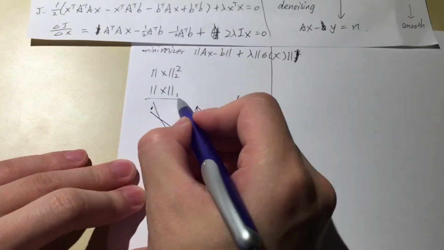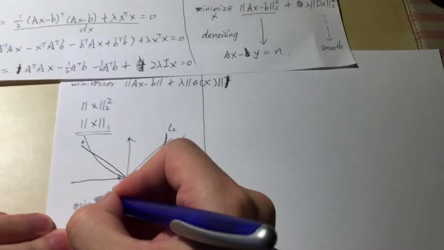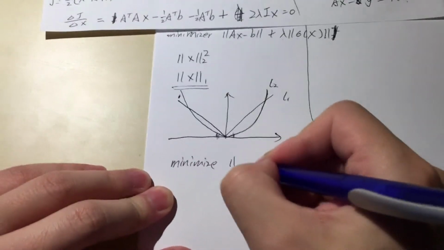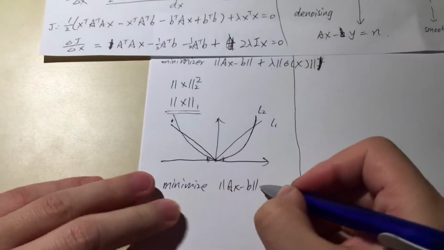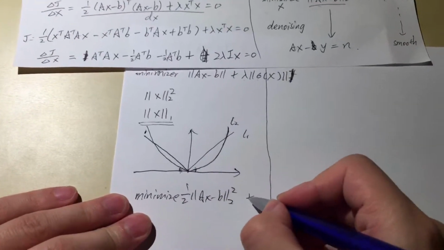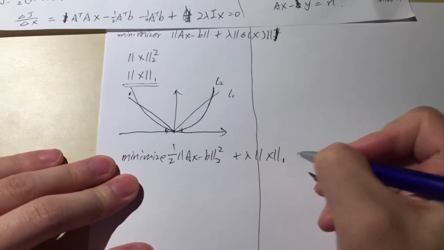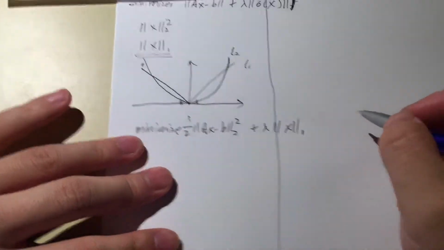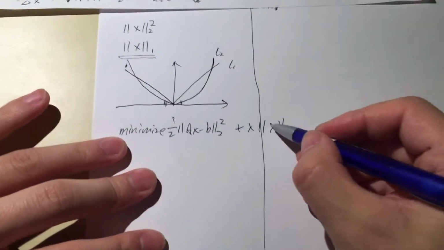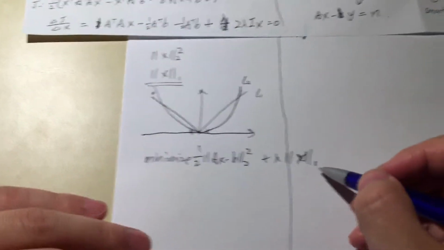But for the L1 norm problem, for the data fidelity term we just use the L2 norm, but for the signal penalty term we use the L1 norm, and here we just use x, which means our signal is sparse in this case.